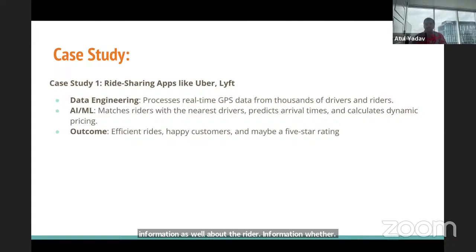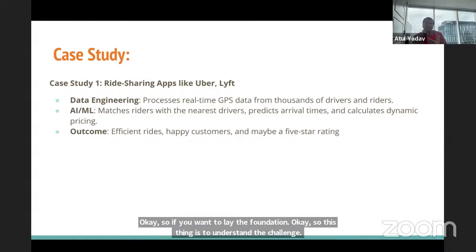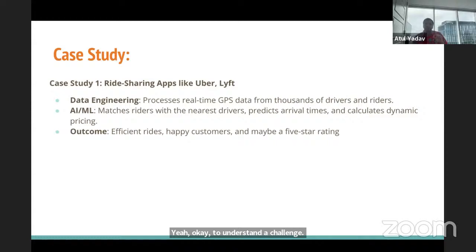Now to start with, they need to lay a foundation. To lay the foundation, the first thing is to understand the challenge here. They need to build an app which is not just about creating a user interface.